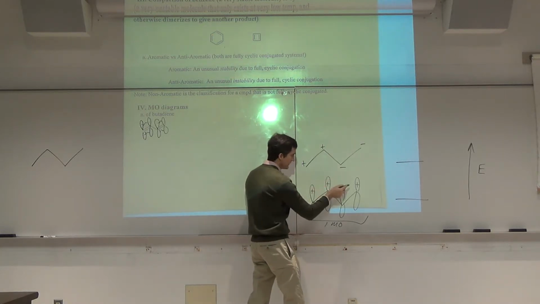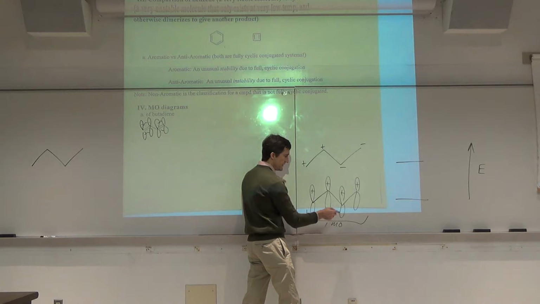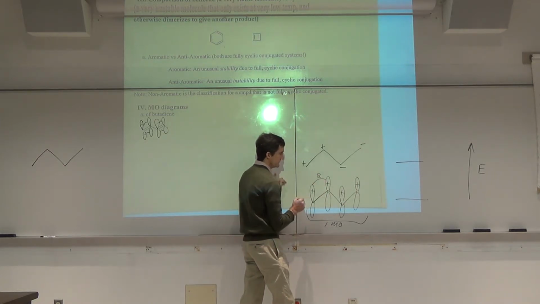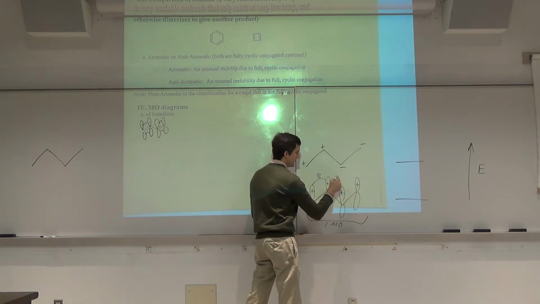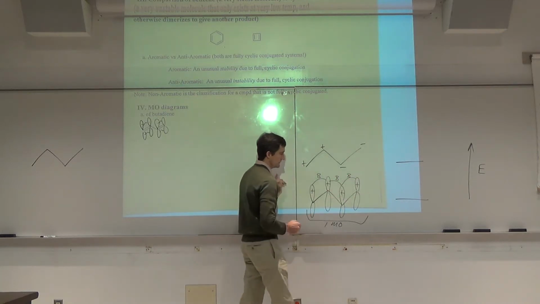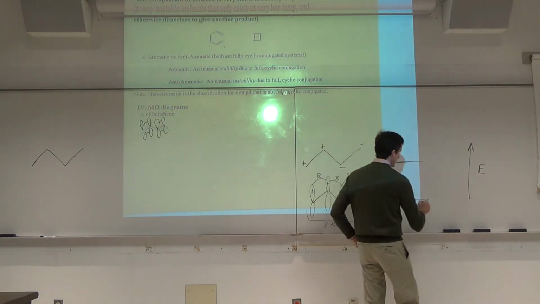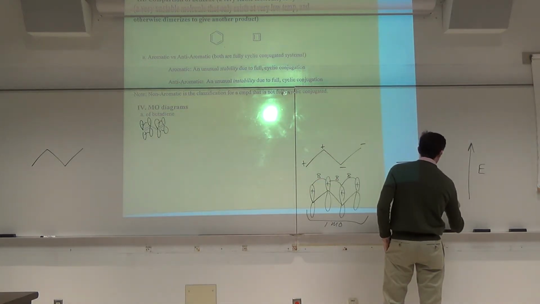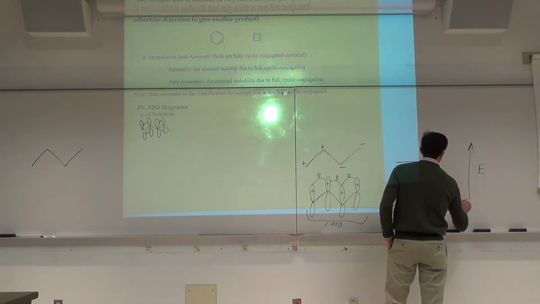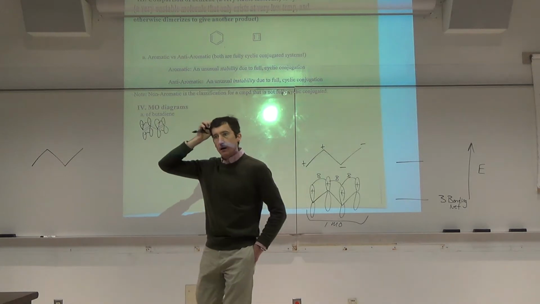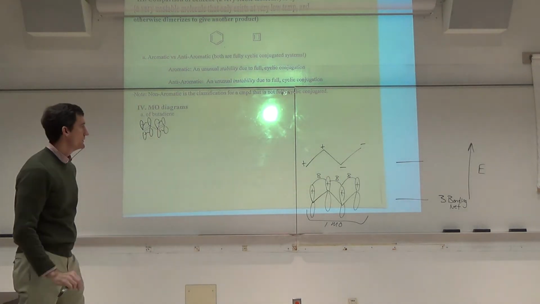And how we're going to classify this is, in this 1 MO, what type of interactions do you have between what used to be the p orbitals, the atomic orbitals? This is going to be called a bonding interaction. And we can classify this by saying, how many bonding interactions do we have? 3 bonding net. Those are the good interactions.